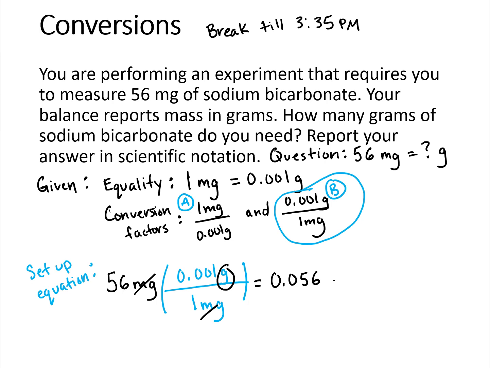It's not going to tell you grams or anything like that. What you need to do is go back to the question and see, how am I supposed to report this? Obviously, I need units. But it says report your answer in scientific notation. So if you put 0.056 grams down on an exam or in your homework, it would be wrong. Even though it's the right number, it's not in the right format. How would I write 0.056 in scientific notation?